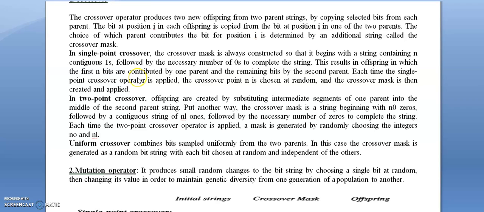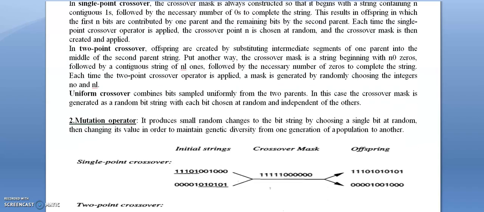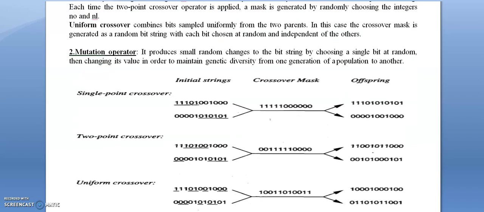So we have single point crossover and 2 point crossover. We can see this with the help of this figure. In single point crossover, if we have this crossover mask with 5 ones, then 5 bits from one of the parents will be copied into the offspring, and the next bits, at the zero positions, will be copied from the other parent.